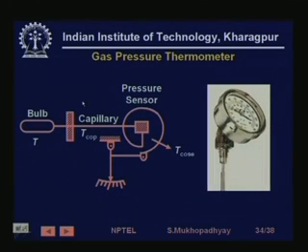Similarly, for a gas pressure thermometer, here you have a bulb which is essentially a constant volume case, because the capillary volume you can neglect. So, the pressure increases linearly with temperature, and this pressure is again sensed by a pressure sensor in the same way, and this is the picture of an industrial sensor.